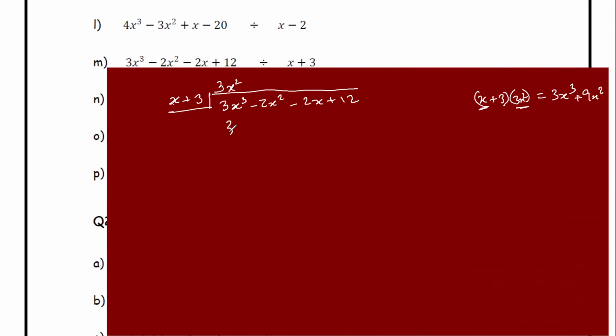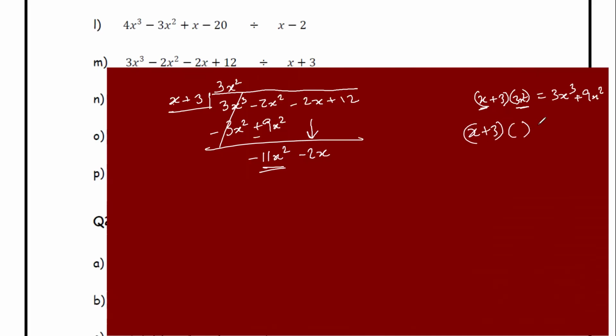So therefore, you get 3x cube and 9x square. Change the sign. This cancels. Negative 2x square, negative 9x square is negative 11x square. Bring down the negative 2x. Now I need 11x square. So ask yourself, x plus 3 into what gives you 11x square? Negative. So don't forget, it will be negative 11x square.